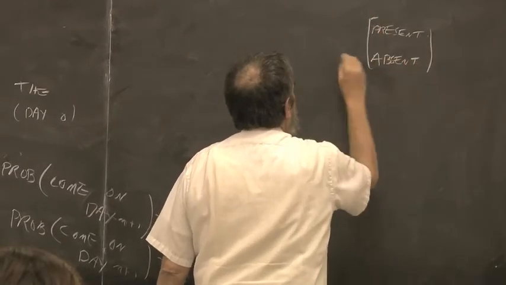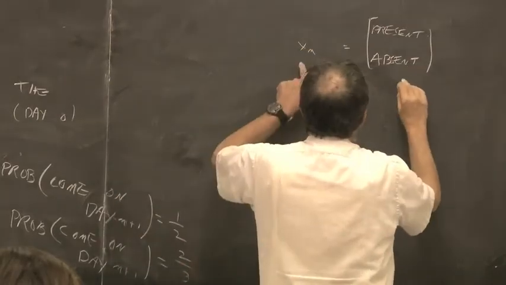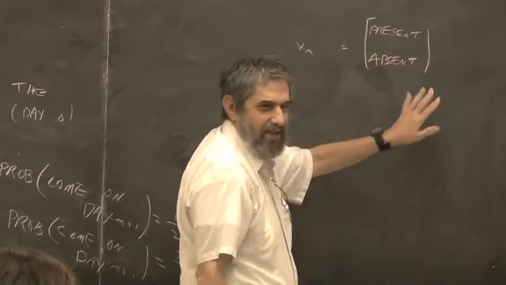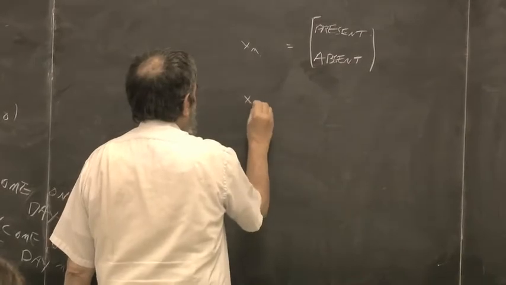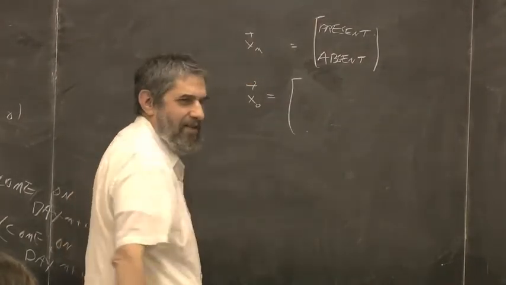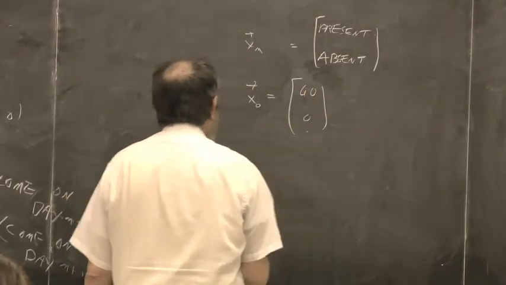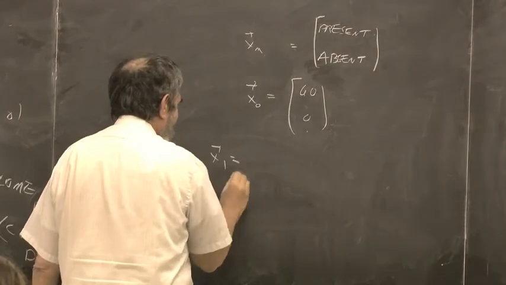That's going to be my vector, let's say x sub n, on day n. So if I look at x sub 0, it would have been 60, 0.